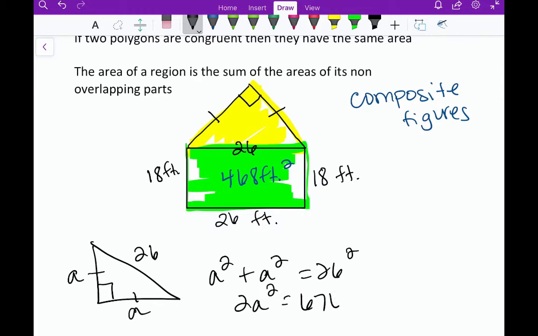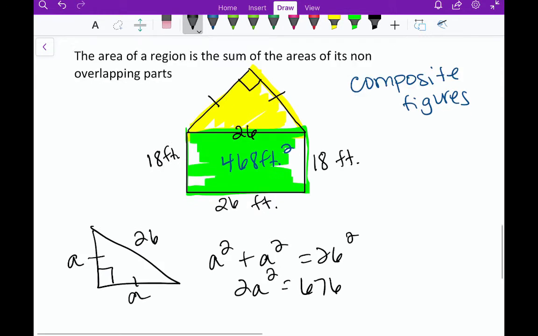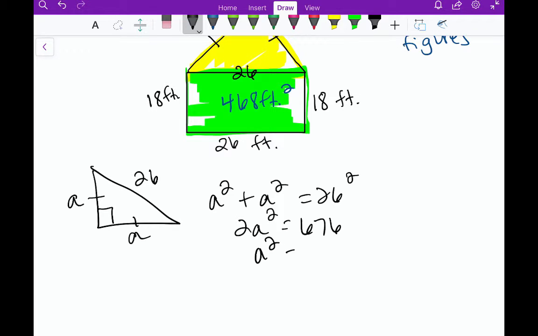26 squared is 676. Divide that by 2 is 338. So A squared is 338. So then A is going to be the square root of 338, which is about 18.38. And we can simplify the square root of 338.